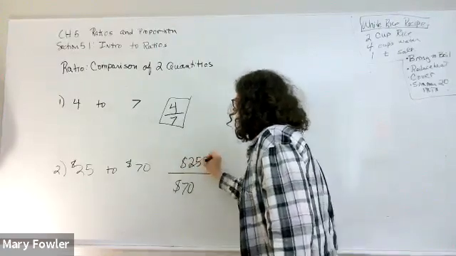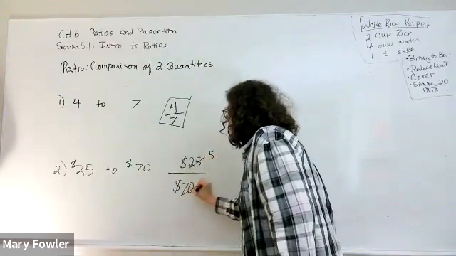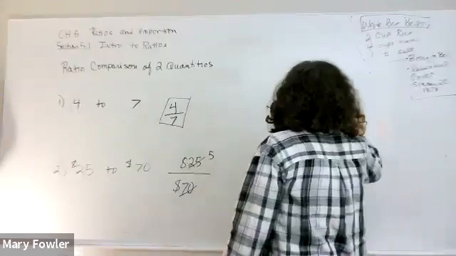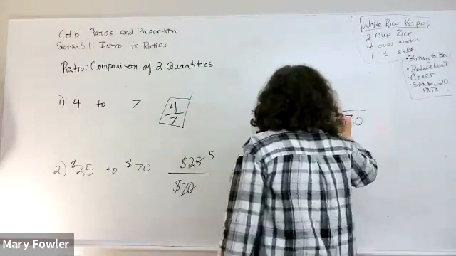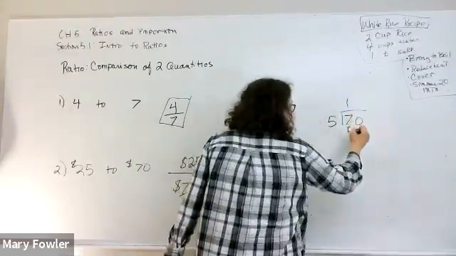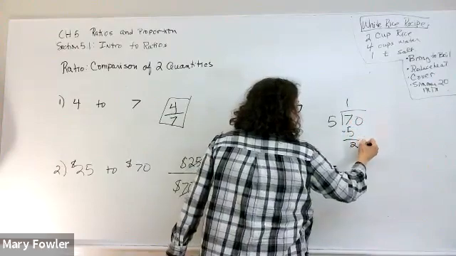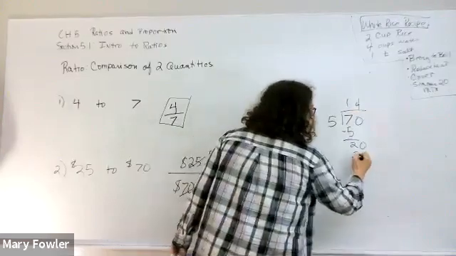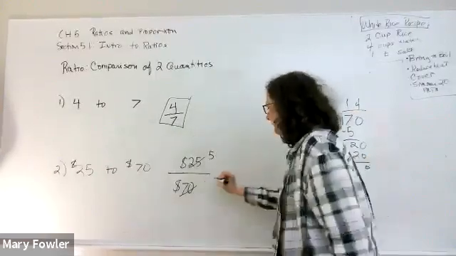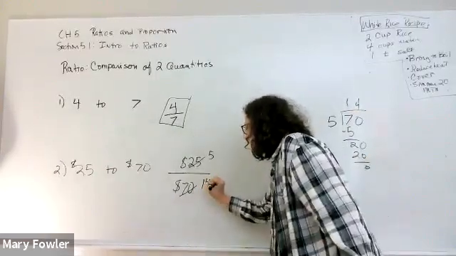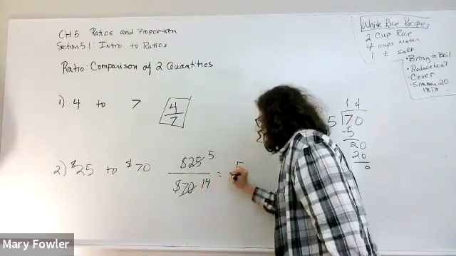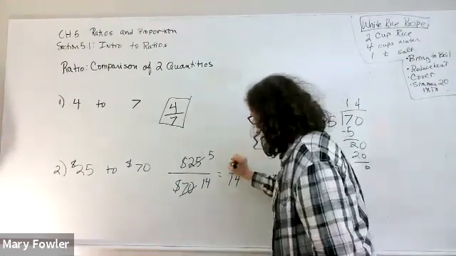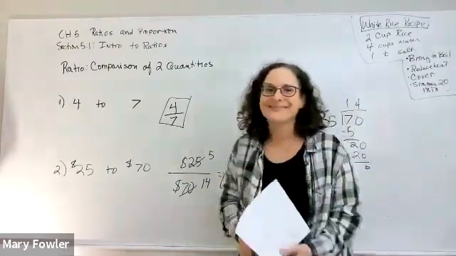So 5 goes into 25 5 times, and 5 goes into 70, sometimes you know, and sometimes you don't, 14 times. Okay, so 5 goes into 70 14 times. So this is 5 over 14. Okay, and that's in simplest form.